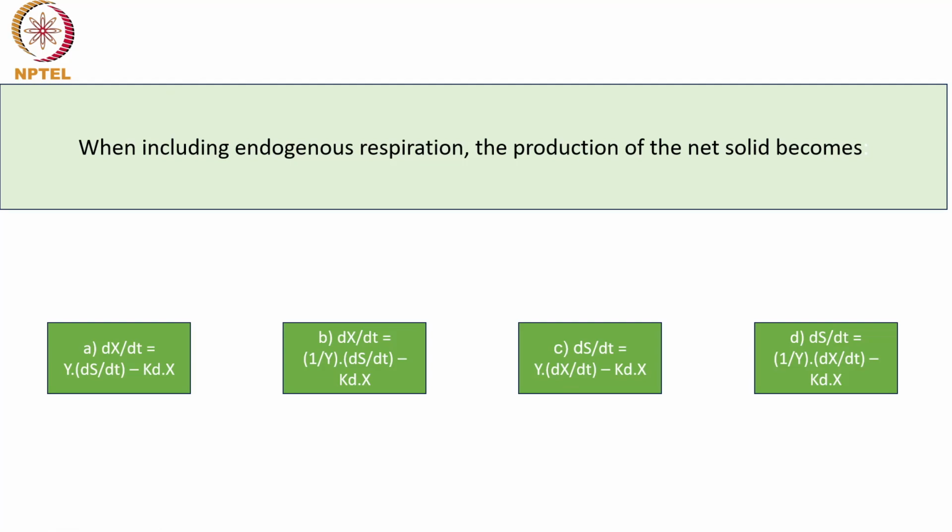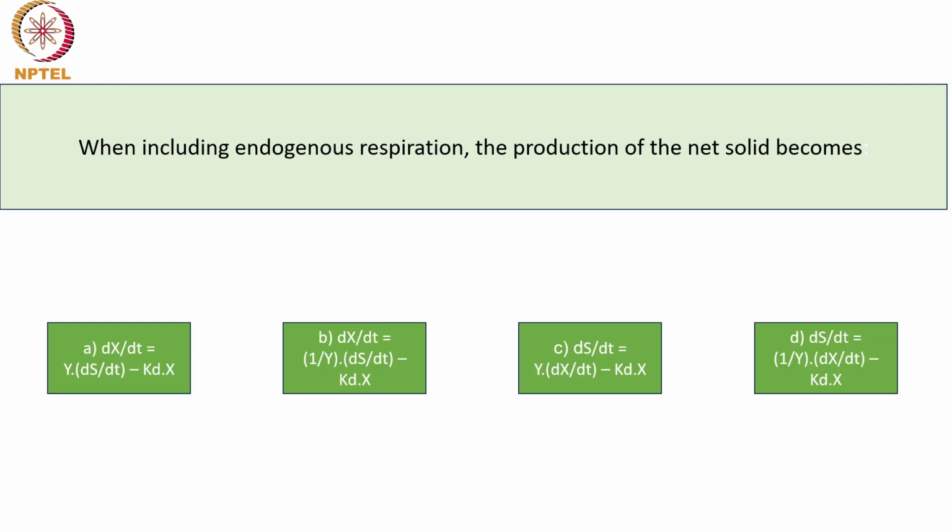Initially the bacteria will be in lag phase. What you are going to do is put bacteria to eat your pollutant, that is your carbon. That is what is happening in ASP. You are putting bacteria so that they consume this carbon and produce more cells.